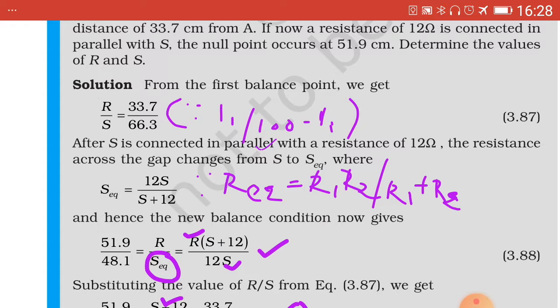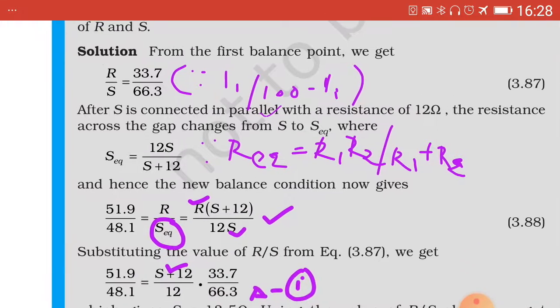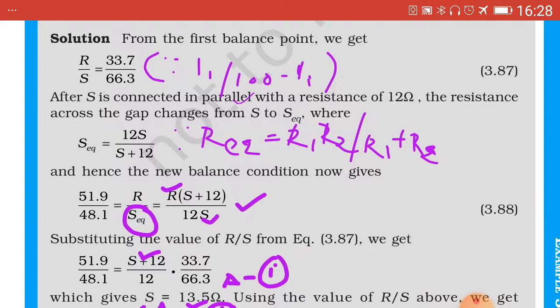3.88. Now substituting the value of R upon S from the above equation 3.87, that is R upon S equal to 33.7 upon 66.3.